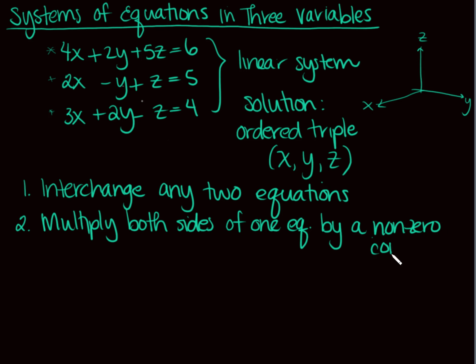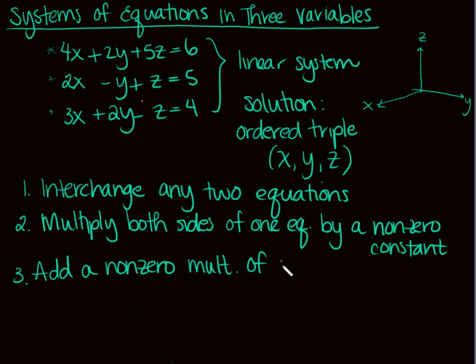I can multiply both sides by something and I don't actually change the solution, which we would hope would be true because we have an equality. And the other thing we can do is add a non-zero multiple of one equation to another equation. And this is going to be the key, really.